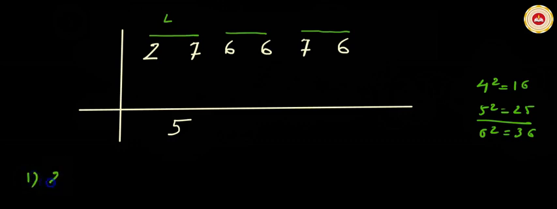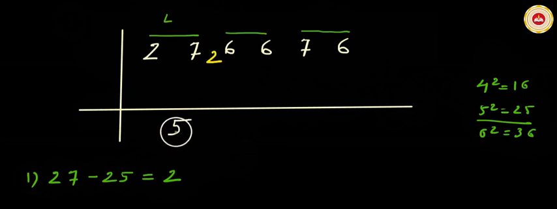Step number 1: 27 minus the square of 5, 25, gives us 2. Write this 2, the remainder, as a prefix to the next digit, which is 6 here. Recall Dwandwayogah division, in which we have done this.